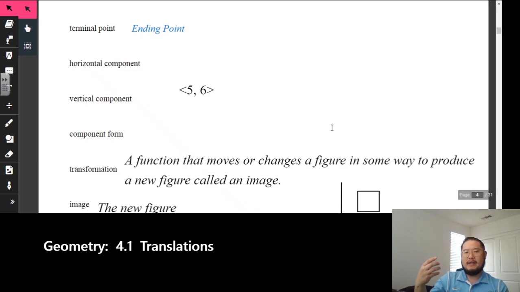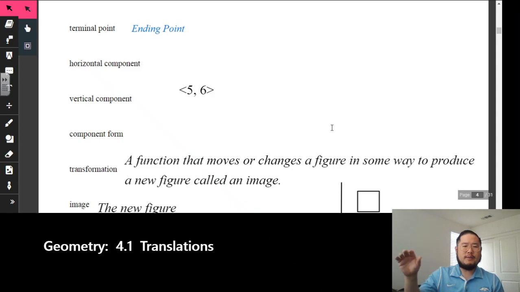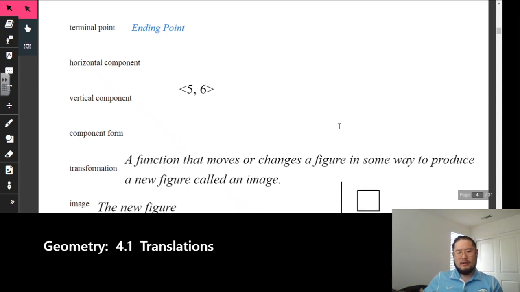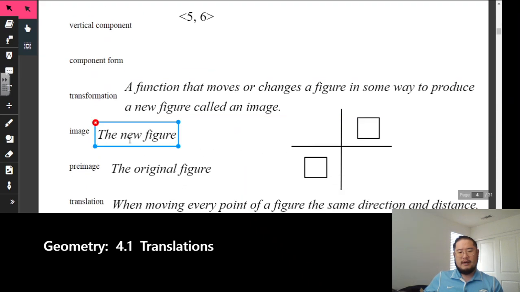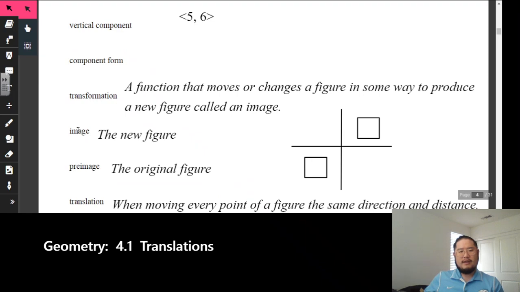So if I have my initial point, think of that as the pre-image, and then where the point terminates or ends up, that would be the image. So right here, as we show you a few more terms, image is the new figure. Pre-image is the original figure.